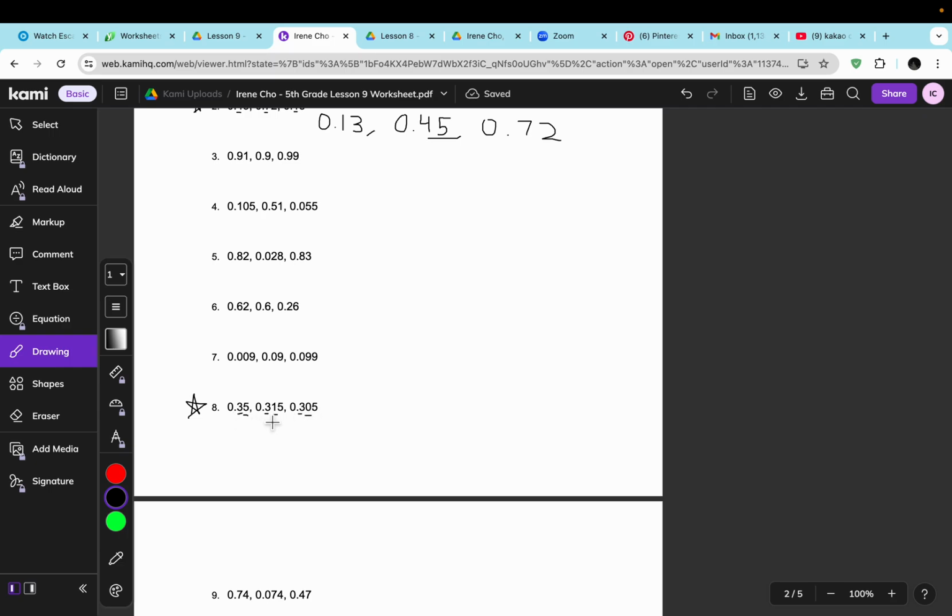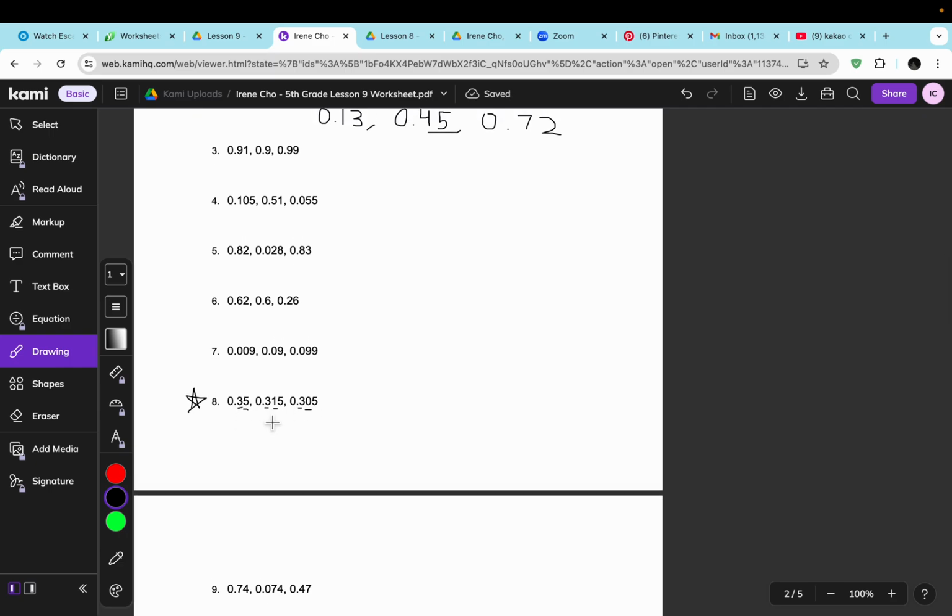Since the 5 is the greatest, it'll be last. Between the other two, there's a 1 and a 0, and since 0 is less than 1, 0.305 will be our first number, and 0.315 will be our second.